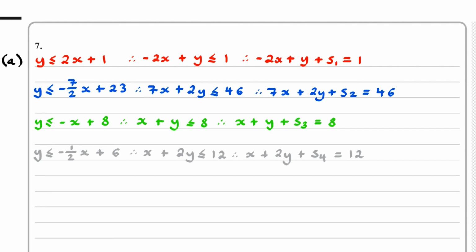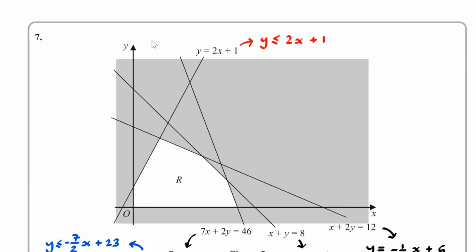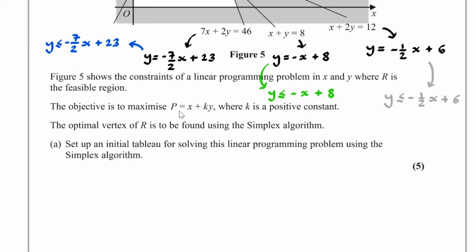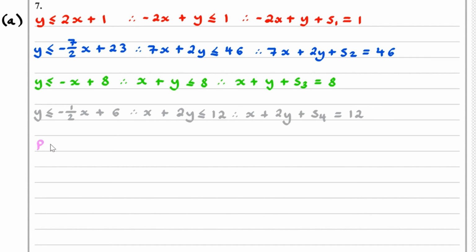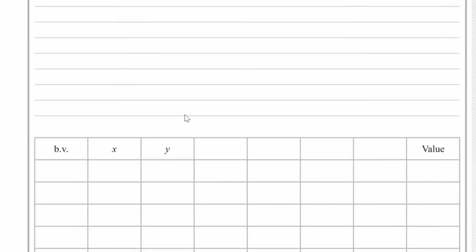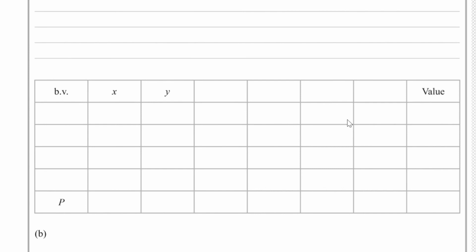Now, if we also take a look at the objective function, we've got p equals x plus ky. So if we have p equals x plus ky, we can rearrange this to say p subtract x subtract ky equals 0. So now let's put each of these into here.